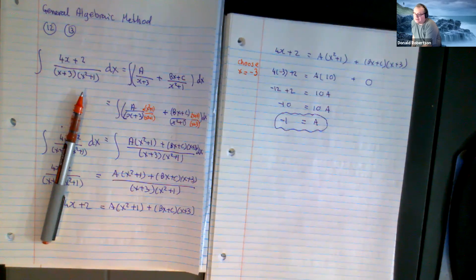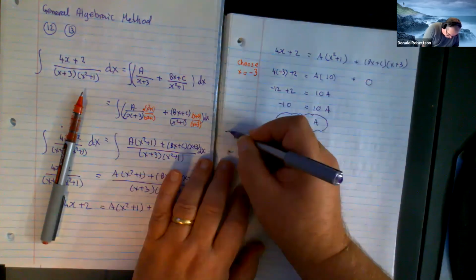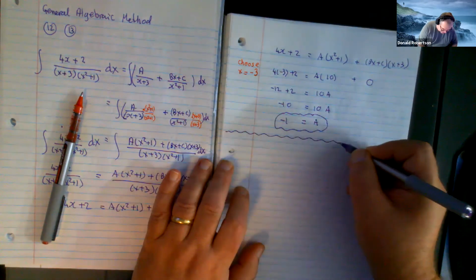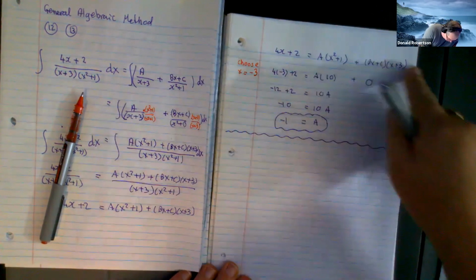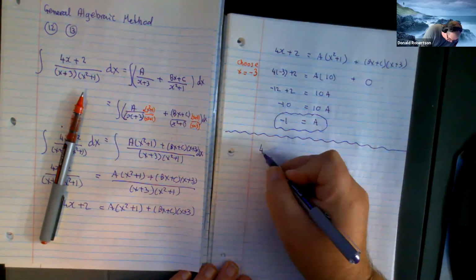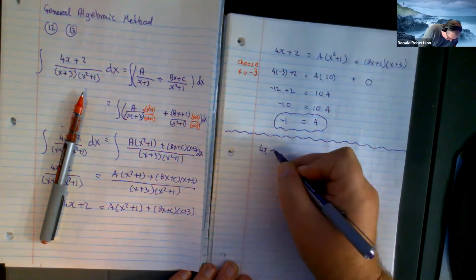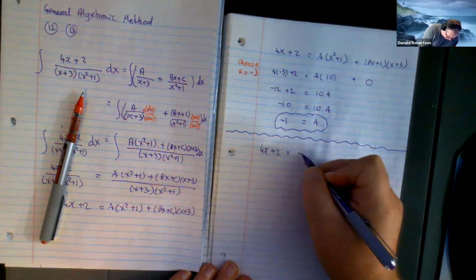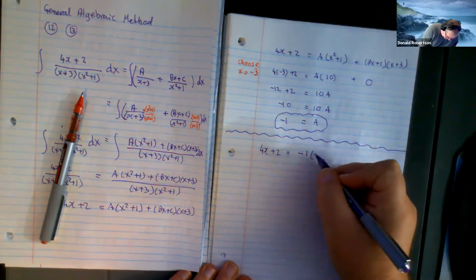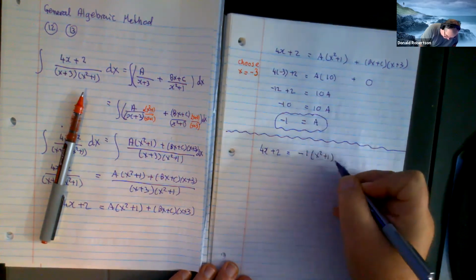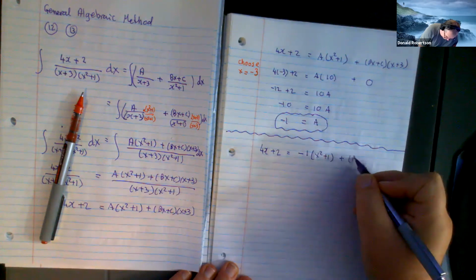Sneaky. Because I now know that a has to always be negative 1, because if it works for this, it has to work for all the other choices. I can now rewrite this top line a little bit differently. It's not a times that, it's negative 1 times that, plus the other stuff.